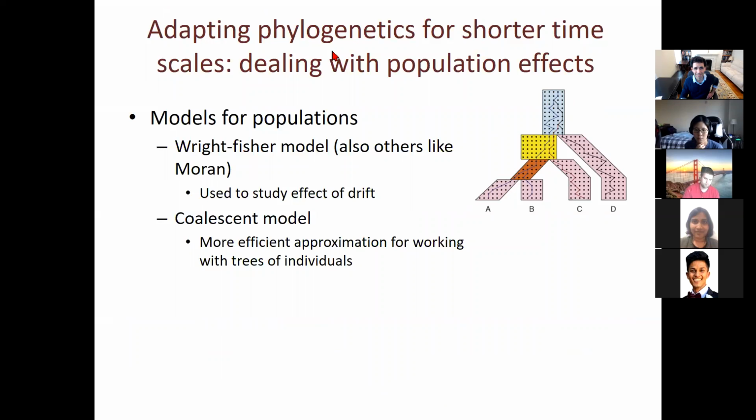So what we need to do is adapt phylogenetic methods for shorter timescales to deal with population effects. And there are many different models for populations. We're going to look at a time forward model, the Wright-Fisher model, and that's used to study the effect of drift, for example, and also a time running backwards model, which is the coalescent model, and that's a much more efficient approximation for working with trees of individuals.